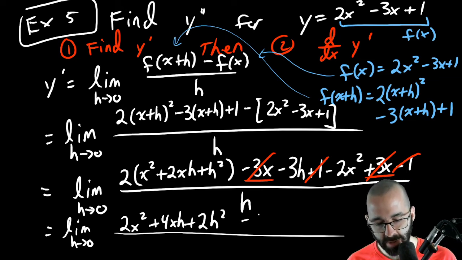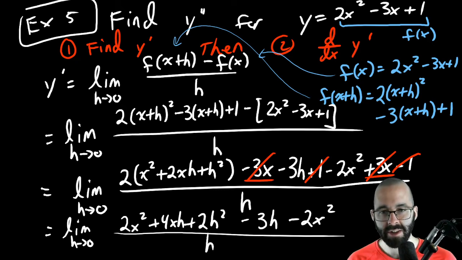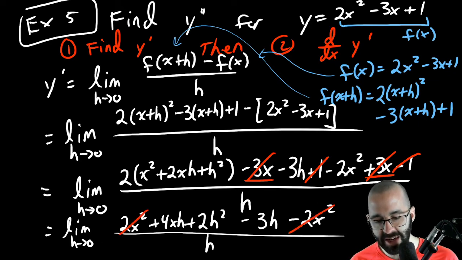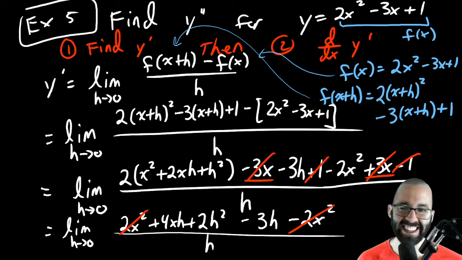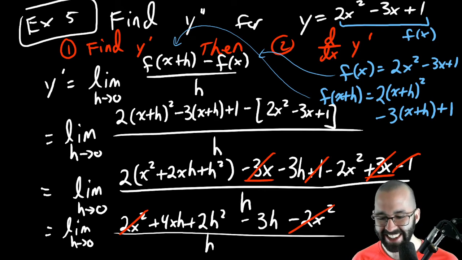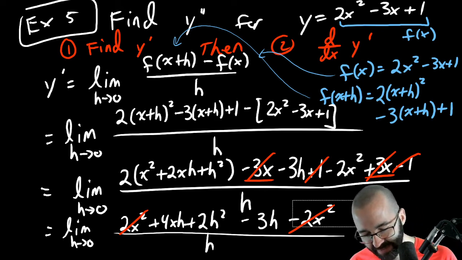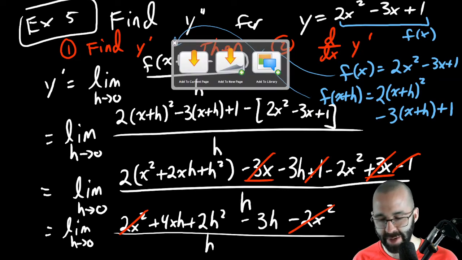So we're only left with a minus 3h and a minus 2x squared. Oh, look what's happening. Plus a 2x squared minus a 2x squared. That's great. Oh, but that's the only thing that's great here. All right, let's cancel, and then let me copy this on the next page.